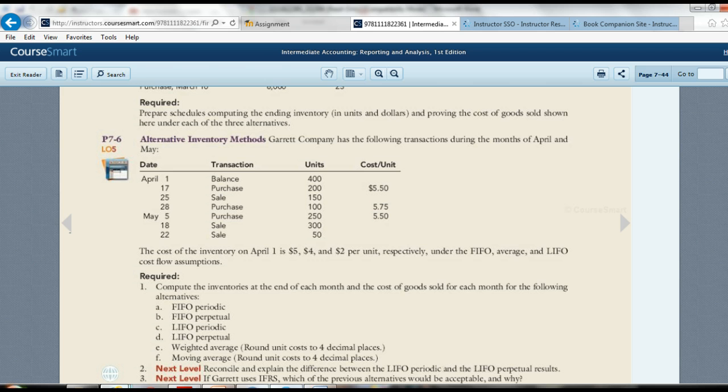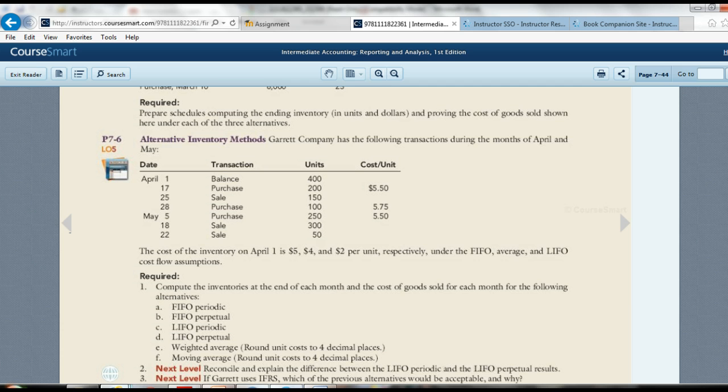So the first alternative we're going to use is the FIFO periodic. Now we know with FIFO periodic, we will not take an inventory count till the end of the period or the end of the month. So for FIFO periodic, we're going to calculate the inventories at the end of each month and the cost of goods sold for each month for these alternatives.